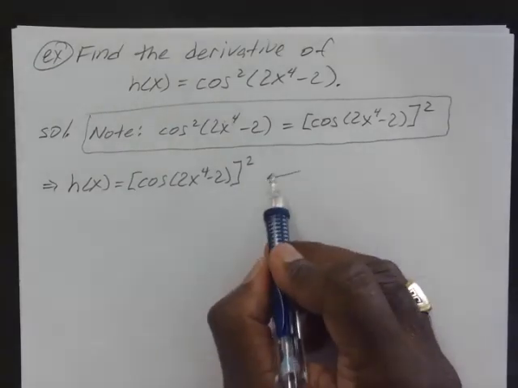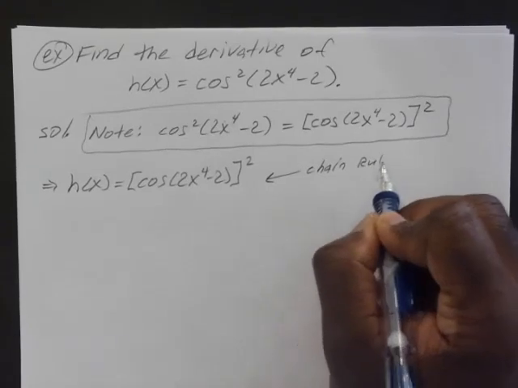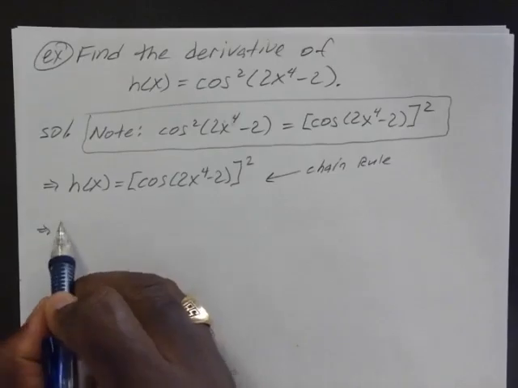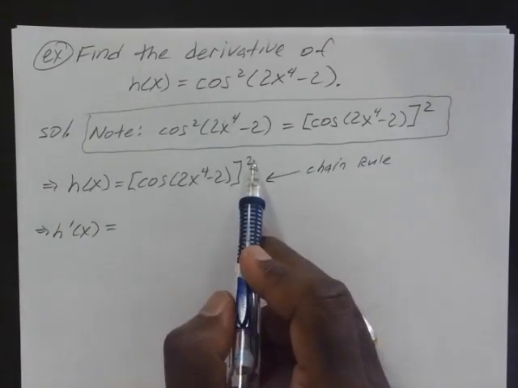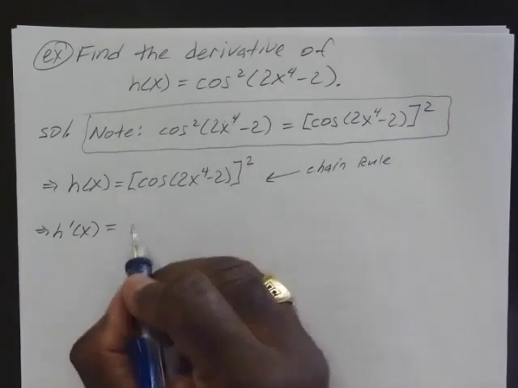Okay, so now we can go ahead and apply the chain rule. So your h prime of x is equal to, we take the power rule of this whole thing, so we bring down the 2.